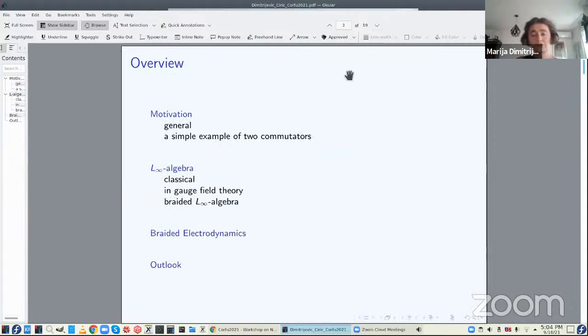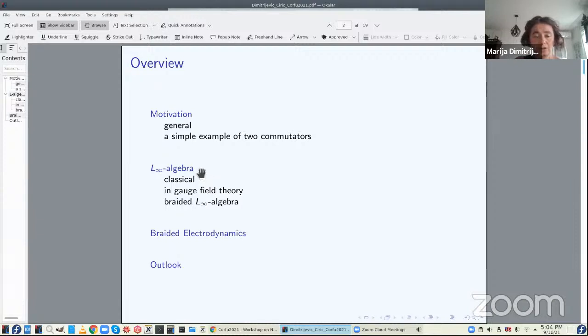So I start with the motivation, which I somehow divided in two parts. General motivation, the usual one, and one motivating example of how we are going to define, let's say, these new non-commutative gauge theories. Then after this motivation, I will speak about L-infinity algebra. I will not go into too many details concerning classical L-infinity algebras because we had a very nice review talk this morning by Olaf Holm, and he explained everything.